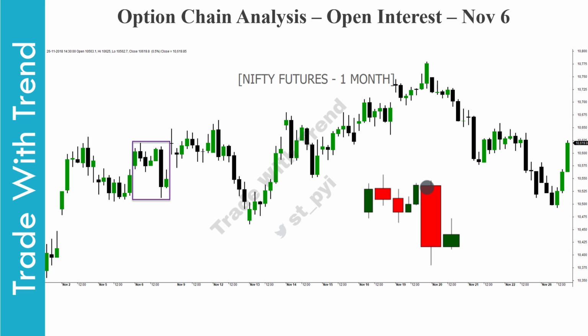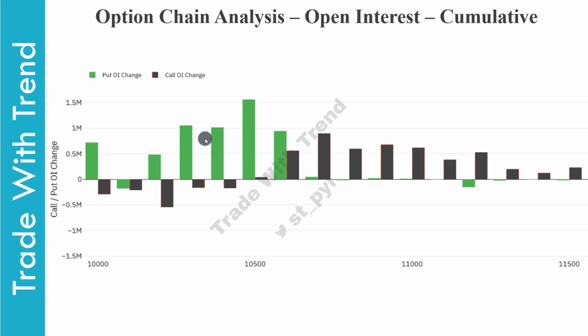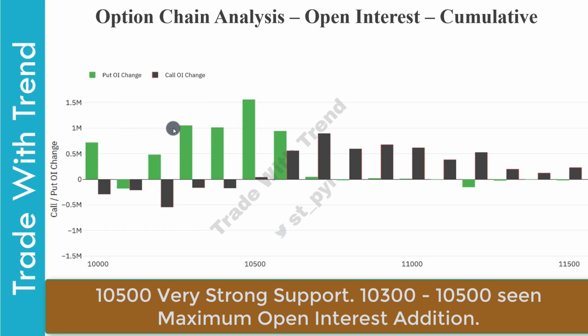Let us again revisit the powerful concept of the cumulative open interest chain chart to see how things shaped up. If you look at this cumulative chain chart, it's pretty clear that 10,500 would act as a very strong support for the market. It's also clear that the region between 10,300 and 10,500 on the put side has attracted maximum open interest addition, and this will be acting as a strong support for the market even though we have seen price falling on November 6th.